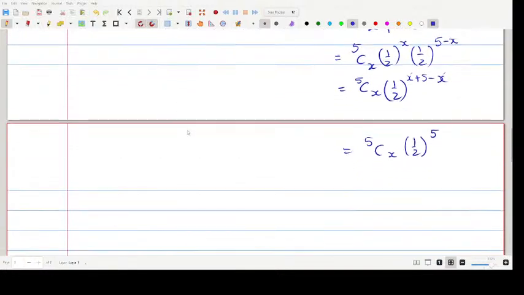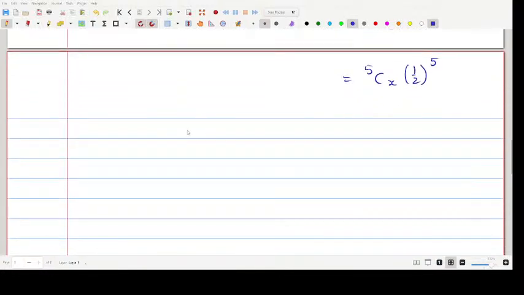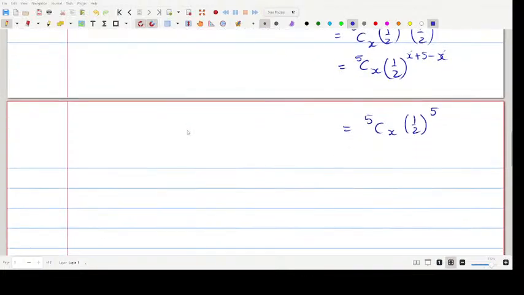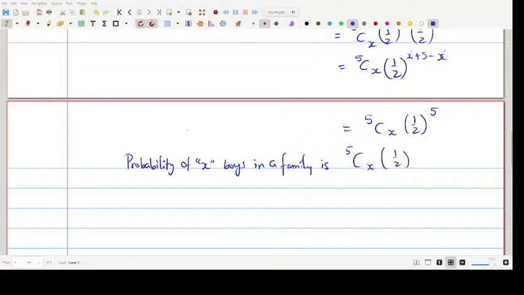So essentially, we have simplified that the probability of X boys in a family is 5Cx multiplied by half to the power 5, right?